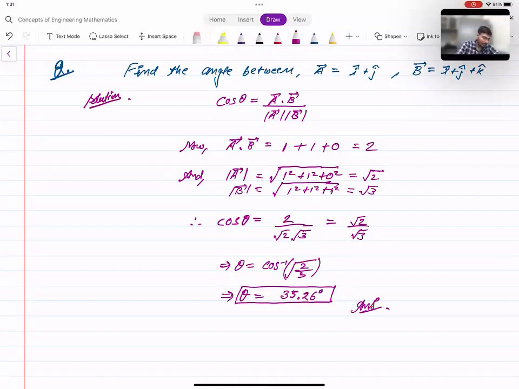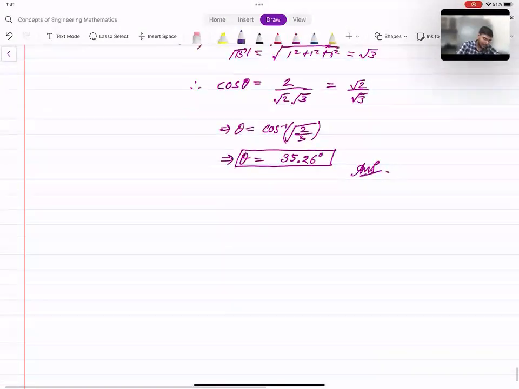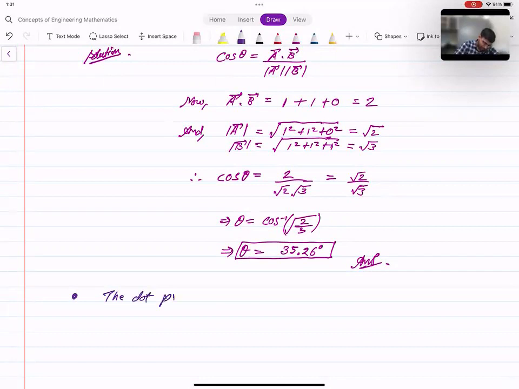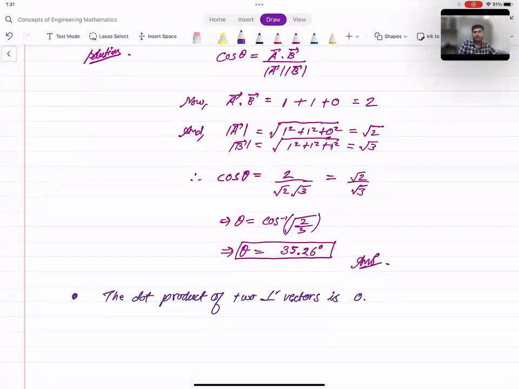So let us write this as an important point: the dot product of two perpendicular vectors is 0. This is an important result.